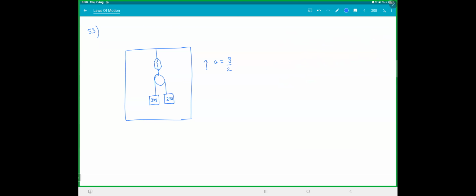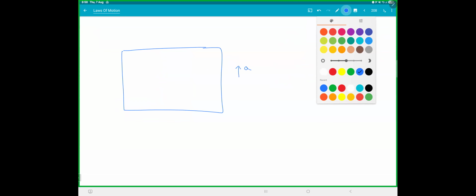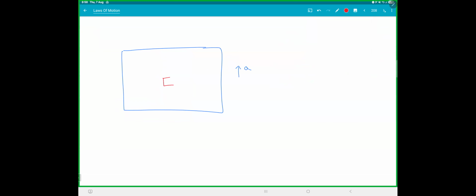So we can actually do this a little faster if you think about g effective. Let me teach you the concept of g effective. Whenever you have any compartment or any system moving up with acceleration a, and you take any body here, what will be the forces on this?